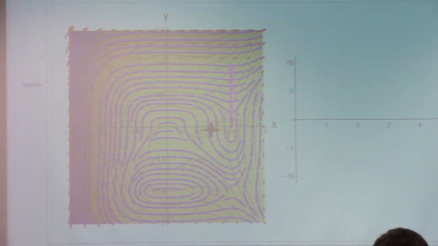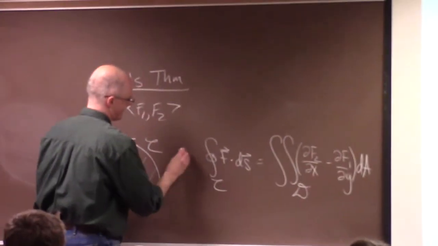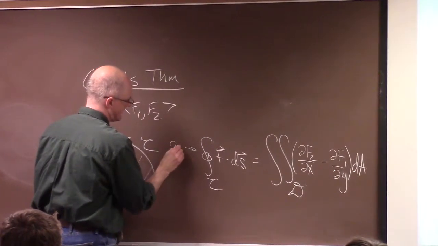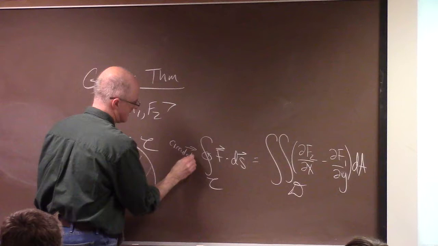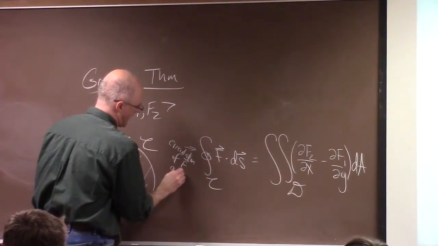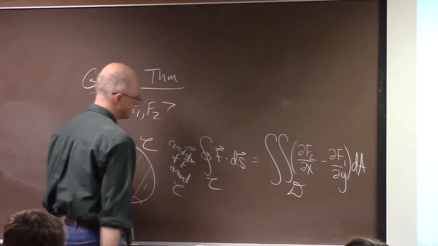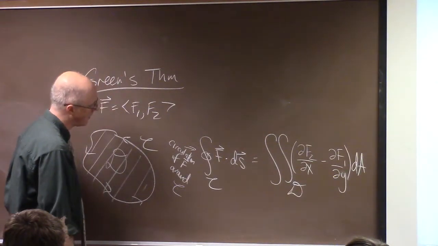Why does this work? If you want to try to work at developing some intuition about this, again, this thing is called the circulation of F around C, this oriented curve, oriented counterclockwise.